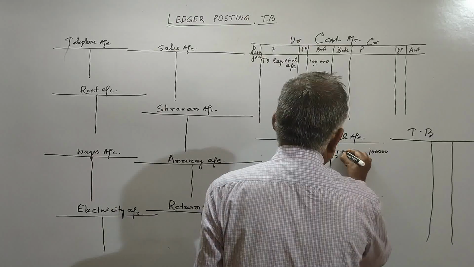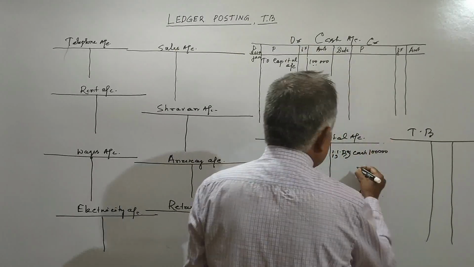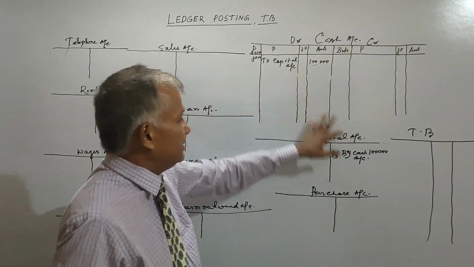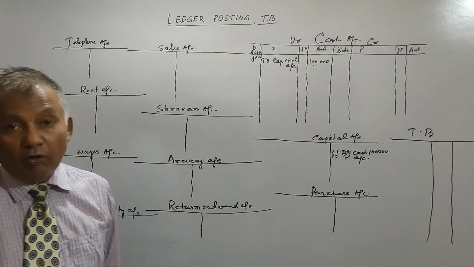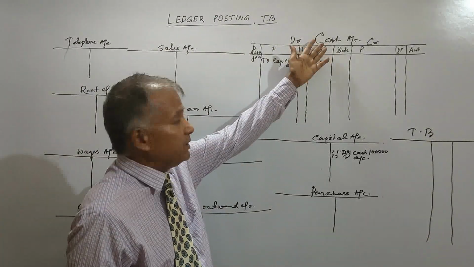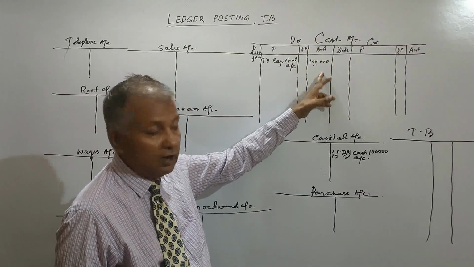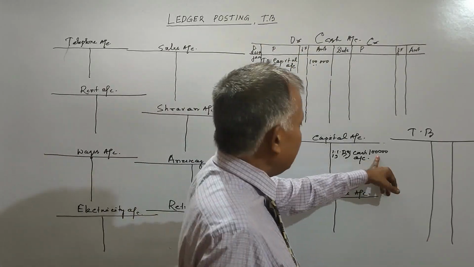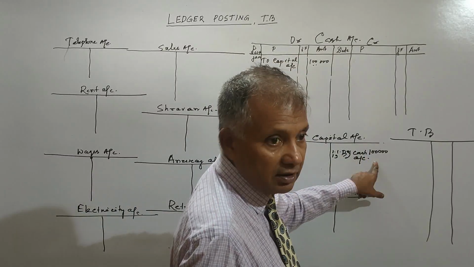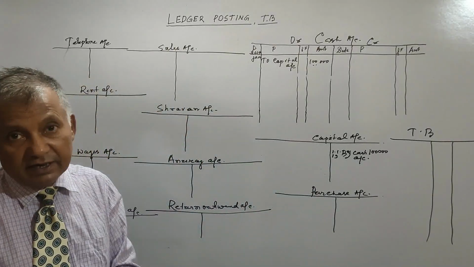So by cash, this will be by cash account. You can remember it in this way. Or another technique: go to the debit side, write the credit to capital. Go to the credit side, write the debit by cash. In this way also you can understand.